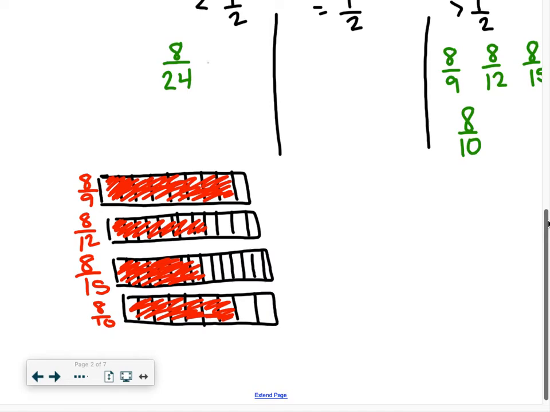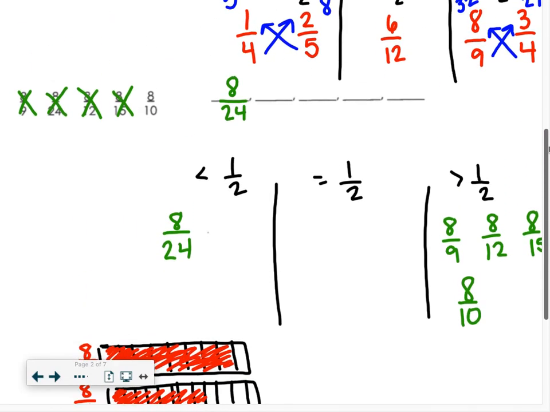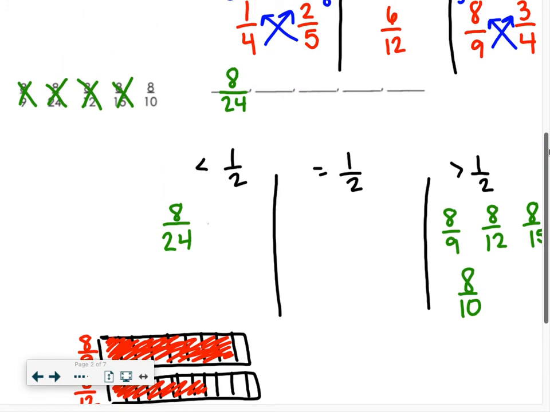Because you think, yeah, I have 8 pieces and they have 8 pieces, but their 8 pieces are actually a lot bigger because there's less. So now when I go back up and I'm trying to put these last 4 fractions in order, what do I know is going to be my biggest fraction because it has the smallest number of pieces? Isabella? 8/9.